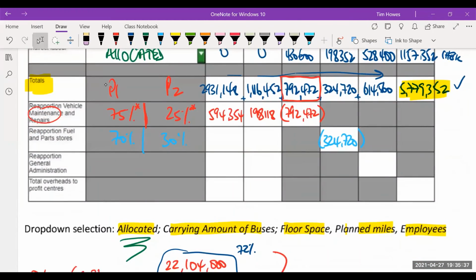So 70% of the 324,720, that figure I see on the screen, 227,304. I agree, that is correct, 70%. And the other 30%, 97,416.